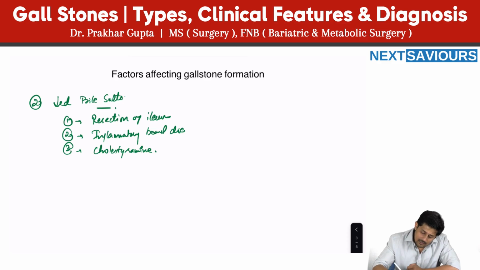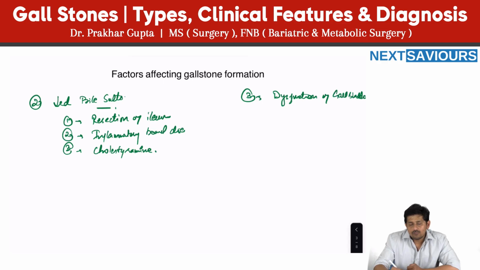Now there is another factor, which is dysfunction of the gallbladder. The gallbladder tends to contract in response to food. Once the person takes food, there is secretion of certain hormones which leads to contraction of the gallbladder and thereby secretion of bile into the CBD and hence into the intestine.